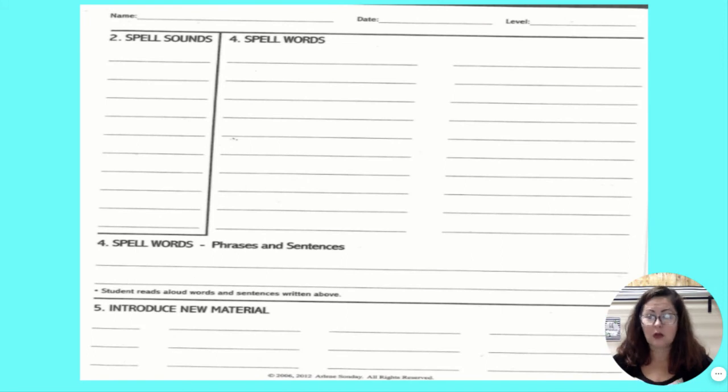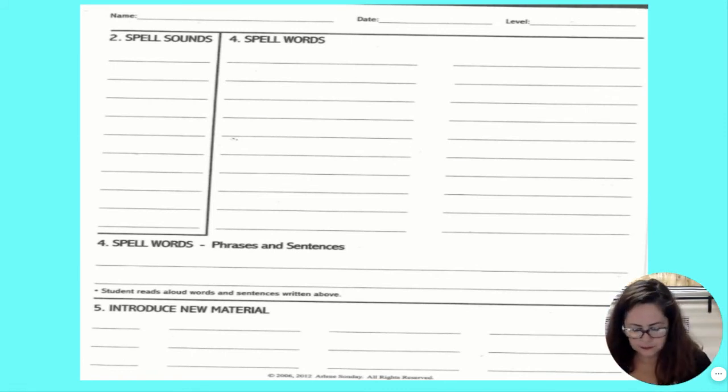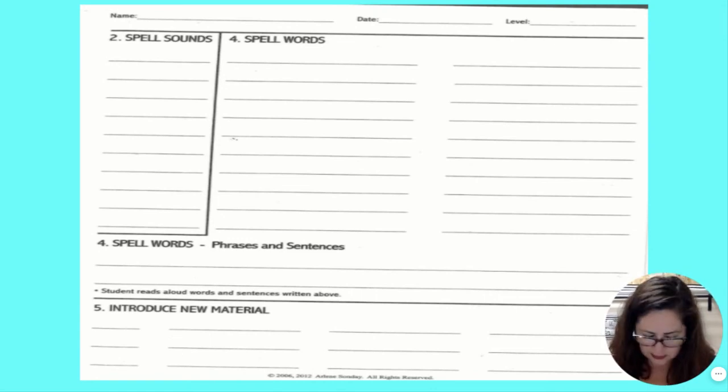Repeat coin, coin, and then you're going to touch spell oi. Notice I tap one finger because I know that there are 2 letters that make the oi sound when it's in the middle of a word. Okay? You will do that for all of the words.